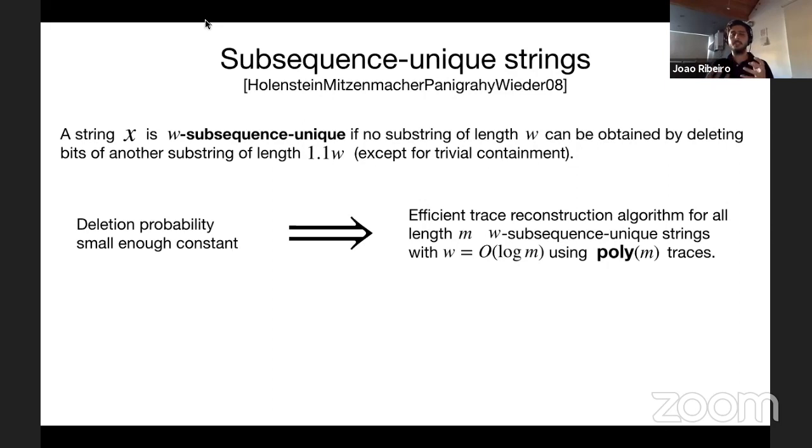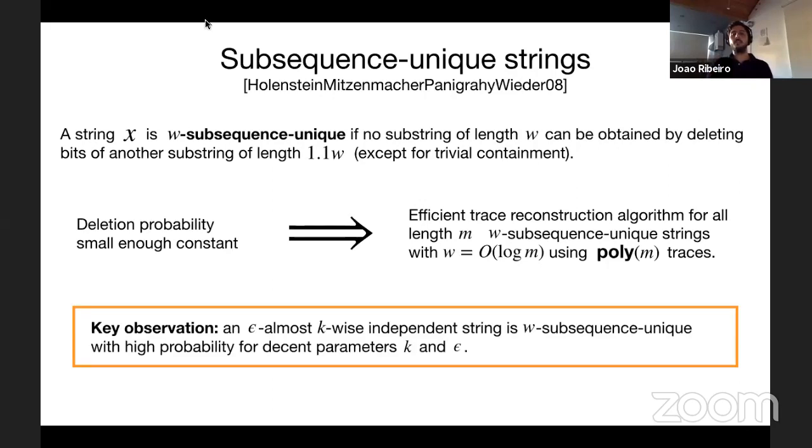And this gives something for average case, because a uniformly random string is subsequence-unique with high probability. But one thing we observe is that you don't need a uniformly random string. An almost k-wise independent string is also subsequence-unique, with the right parameters, with high probability.